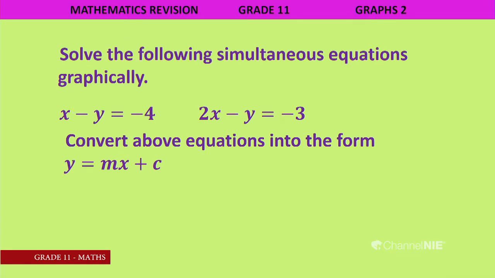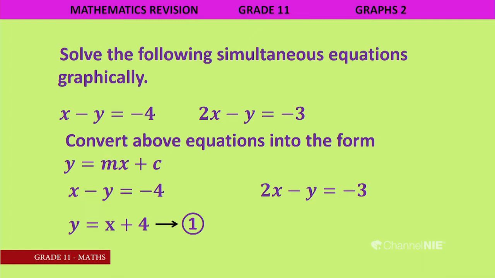You can change the side of minus y, then plus y equals x plus 4. After changing the side of minus y, you have plus y equals 2x plus 3. We will see it. x minus y equals minus 4, then y equals x plus 4. Then 2x minus y equals minus 3, y equals 2x plus 3.